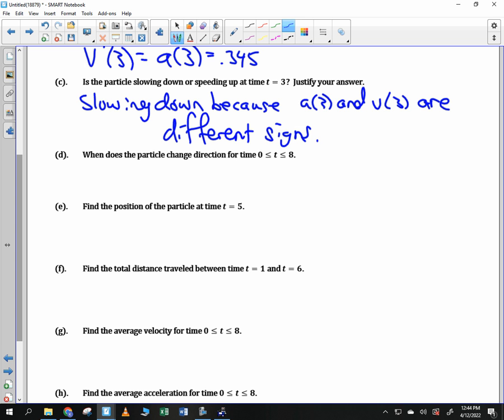So what Colin is saying is that we want to consider when v of t changes sign. Because if the velocity is negative, the particle is traveling to the left, and if it's positive, it's traveling to the right.